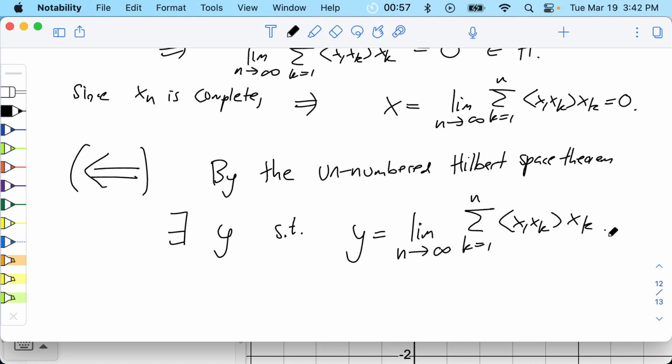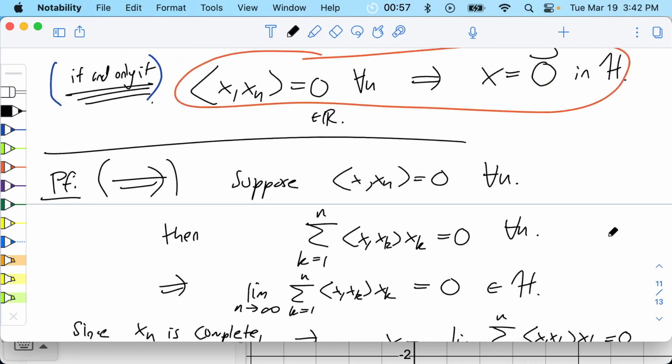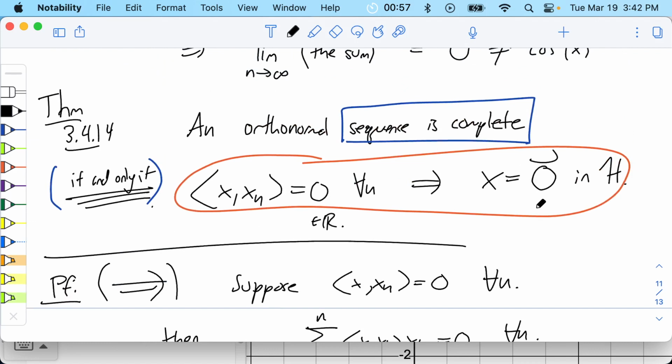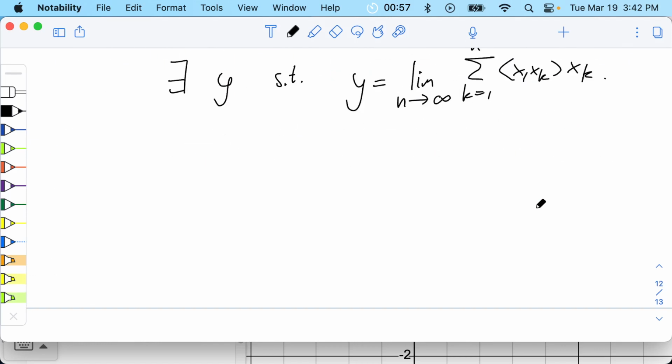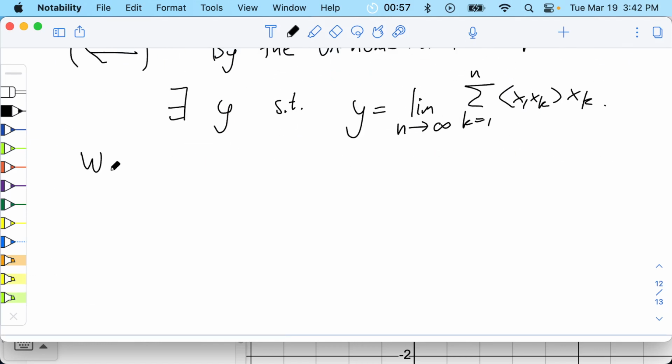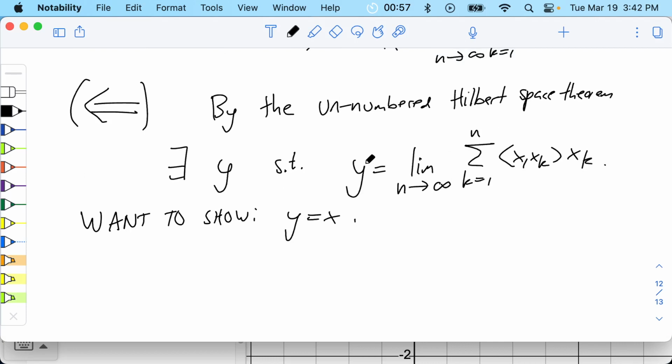So in a Hilbert space, this thing is always converging to something. We're going to call that something y. And we're going to show that if the orange property holds, y is going to be equal to x. We're going to prove that y equals x. If y equals x, then that means it's a complete space.